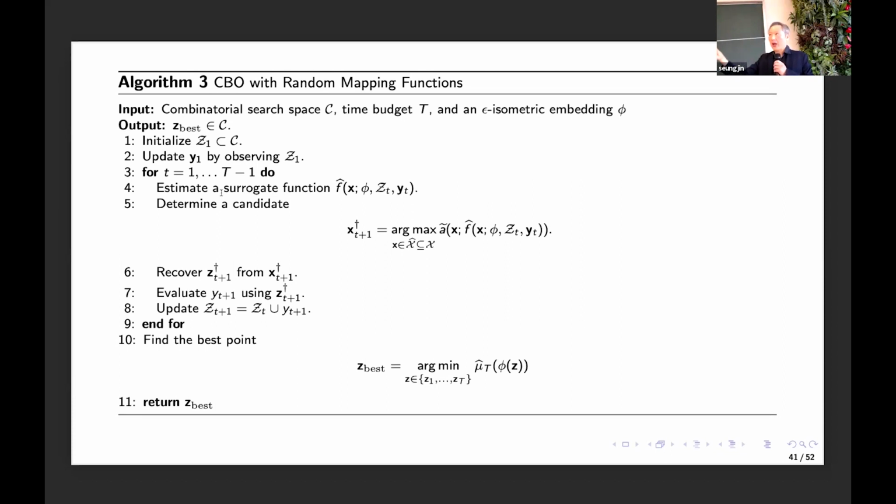But we have to figure out, suppose that in the embedding space we discovered one candidate z. In order to evaluate the function value, we have to transfer our candidate z back to our original space so that we can evaluate.